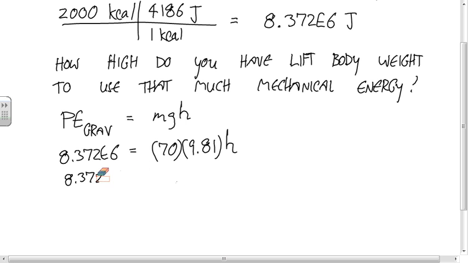Okay, so that's the height. h is equal to 12,191 meters. So to burn a day's worth of calories, that's how much mechanical work has to be done. You have to go from sea level to the 50th highest mountain in the US, from sea level, not from the base of the mountain.